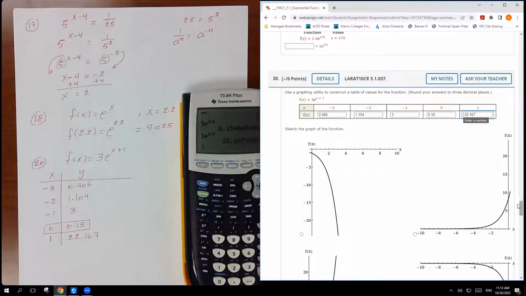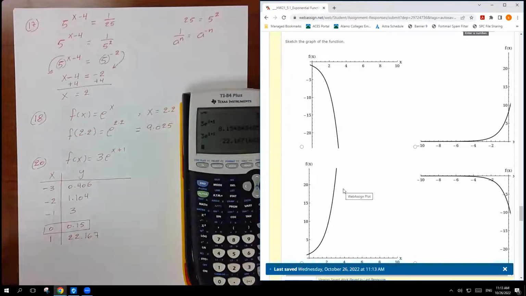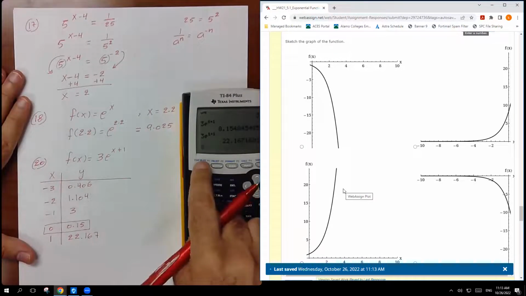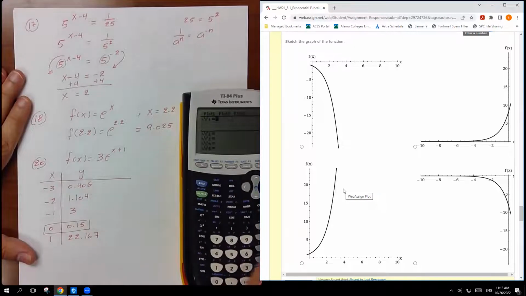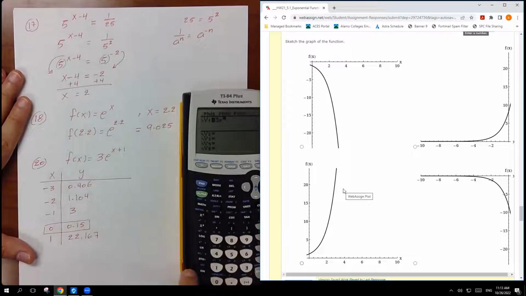So now, which one is going to be the right graph? We can graph this one. We're going to go to the y, clear everything here. 3 to the exponential function, and the exponent is going to be x plus 1.